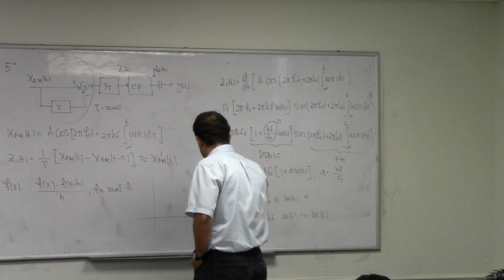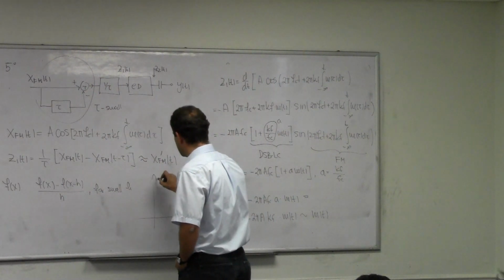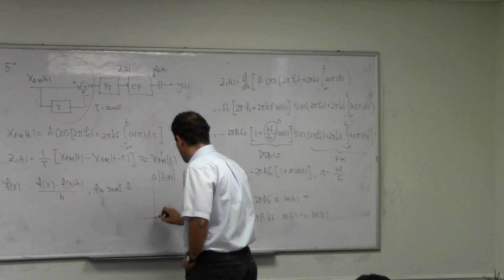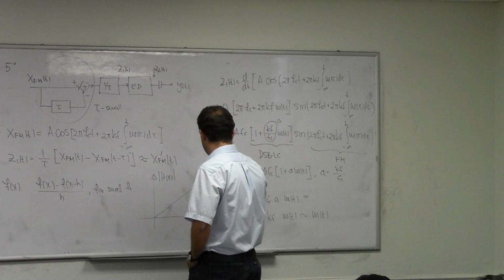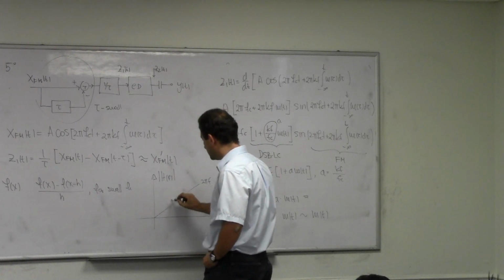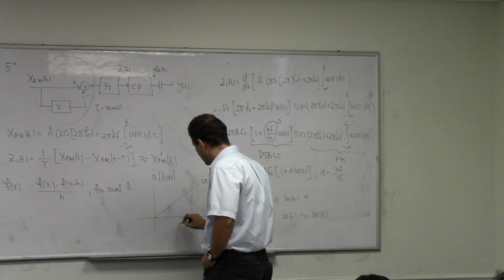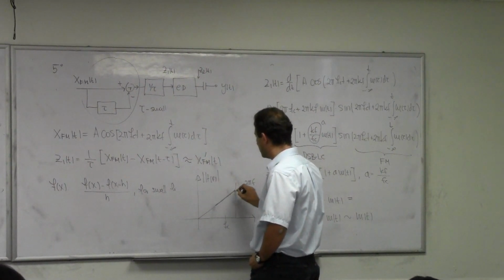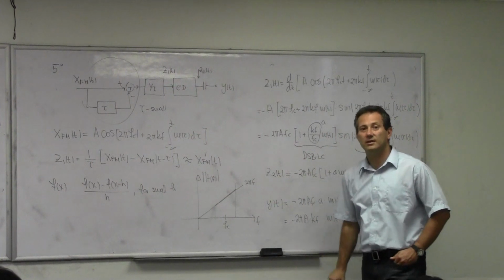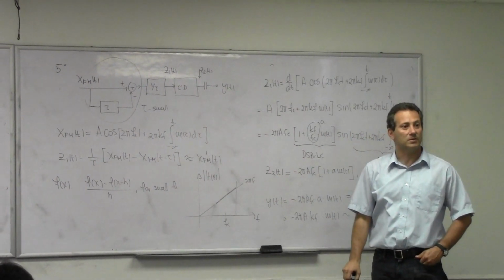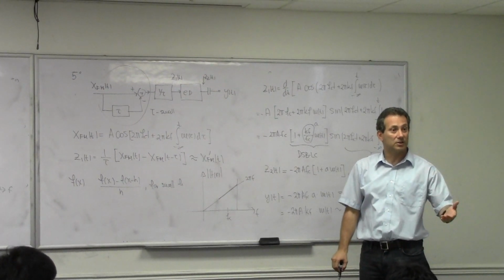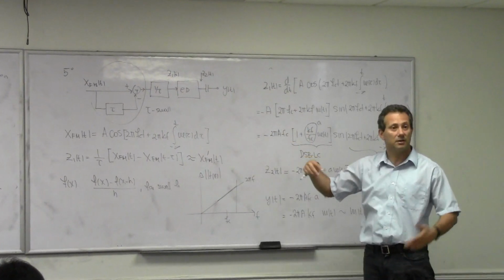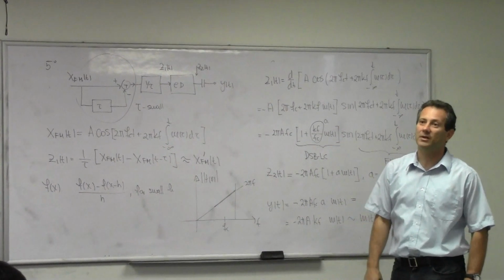If this is f, and this is H of f, then this guy looks like this, 2 pi f. And you can see that over the frequency range of interest, it has a response which is a linear function of the instantaneous frequency. And that's, by definition, our discriminator. So the differentiator is actually the ideal discriminator.